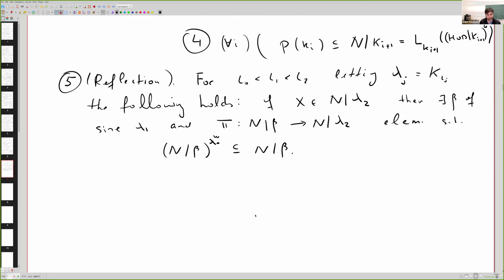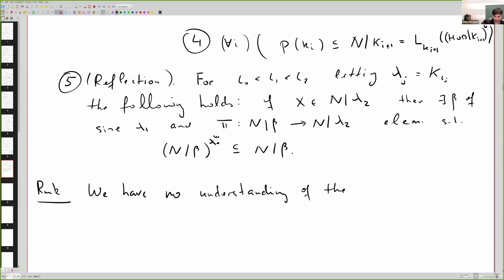So let me remark that this is exactly what we don't know how to do for the full Nairian model. We have no understanding of the cardinal structure of the full Nairian model.